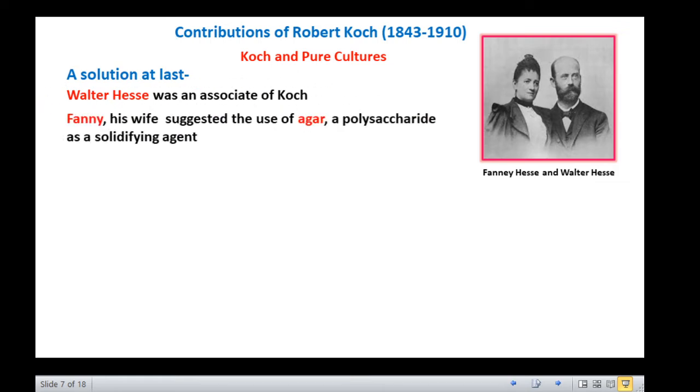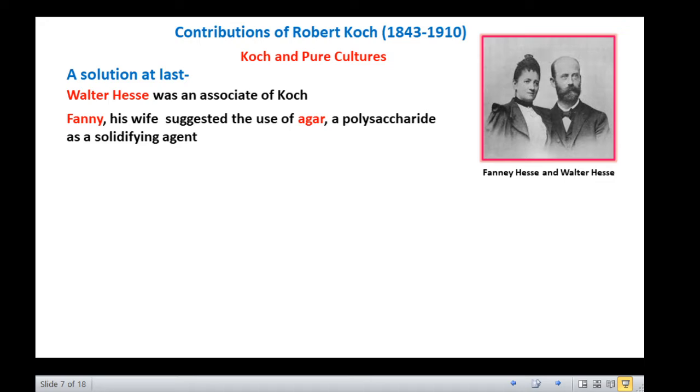Fanny Hess, his wife, suggested the use of agar, a polysaccharide, as a solidifying agent. She had used agar for making jellies when she was in Japan, and the consistency of jellies had increased with the use of agar.